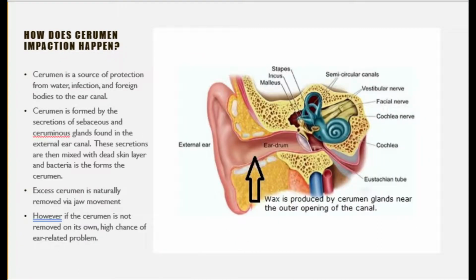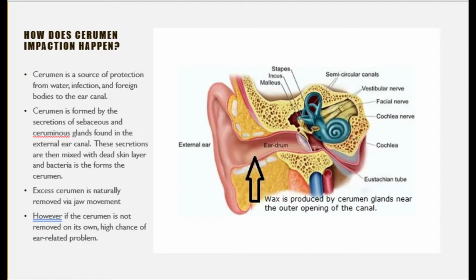And how does cerumen impaction happen? Well, cerumen is supposed to be a good thing. It's supposed to be a source of protection from water, infection, and foreign bodies to the ear canal. Cerumen is formed by the sebaceous and the ceruminous glands, which are found in the external ear canal.